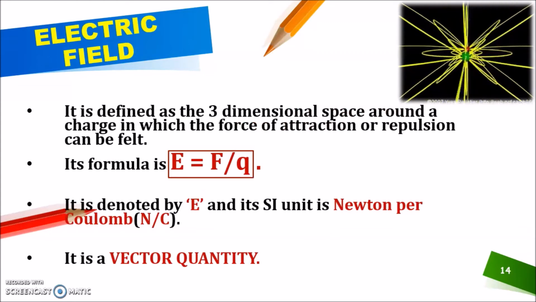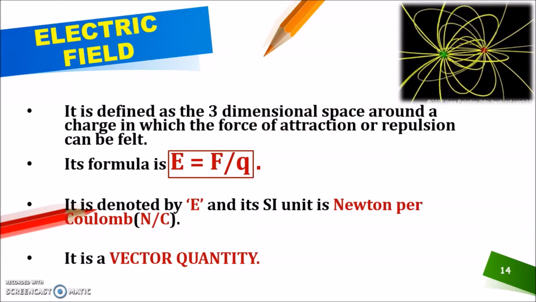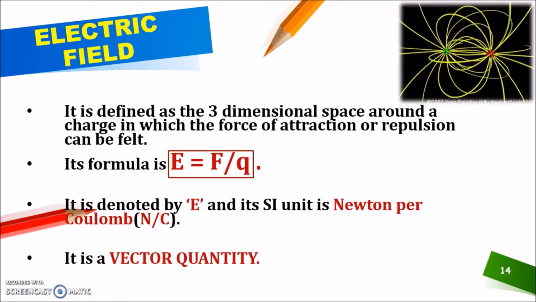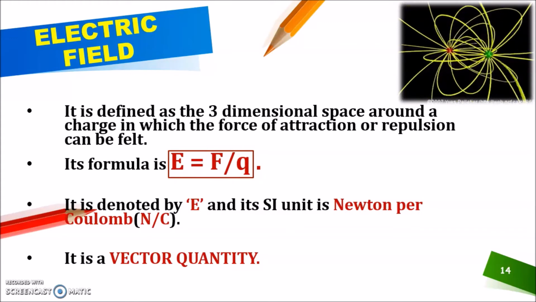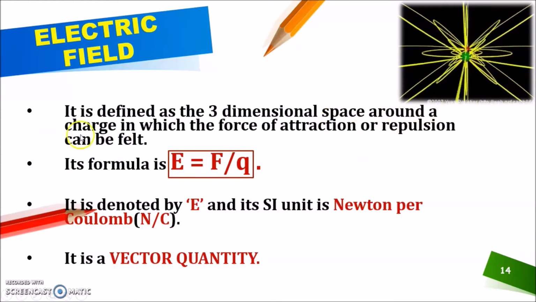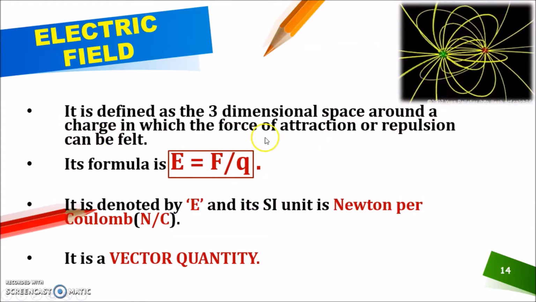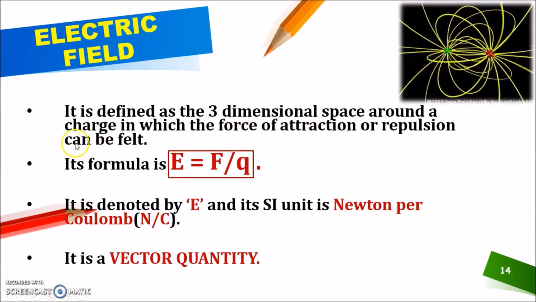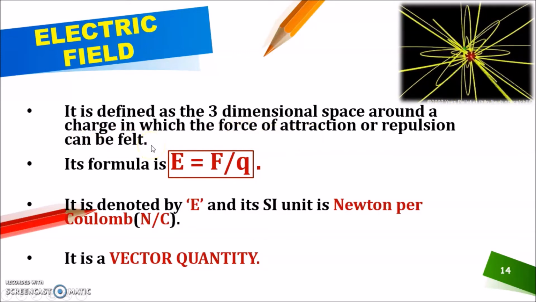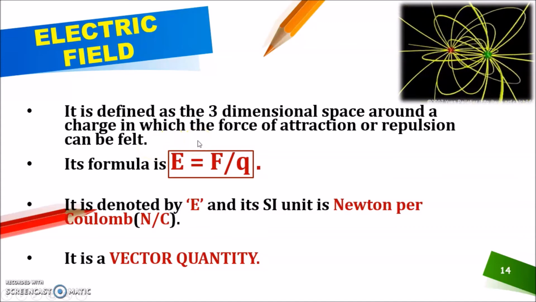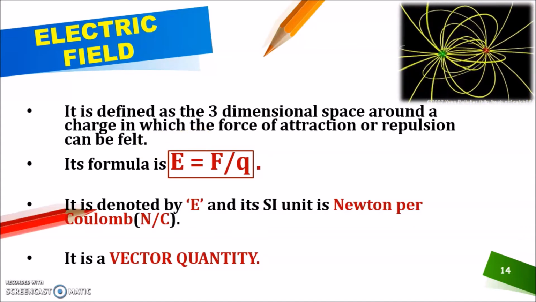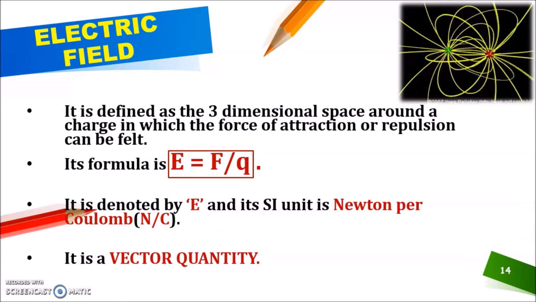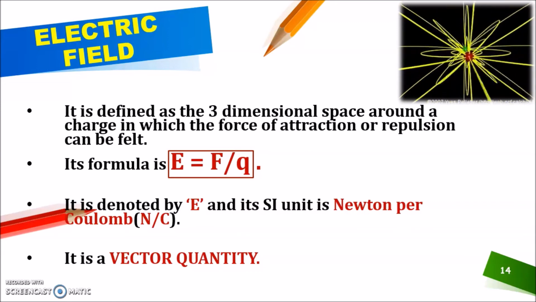Electric field. Now what is electric field? It is the area or region or the three-dimensional space around a charge in which the force of attraction or repulsion can be felt. It is basically the region in which the charge will be able to influence its force of attraction or repulsion.